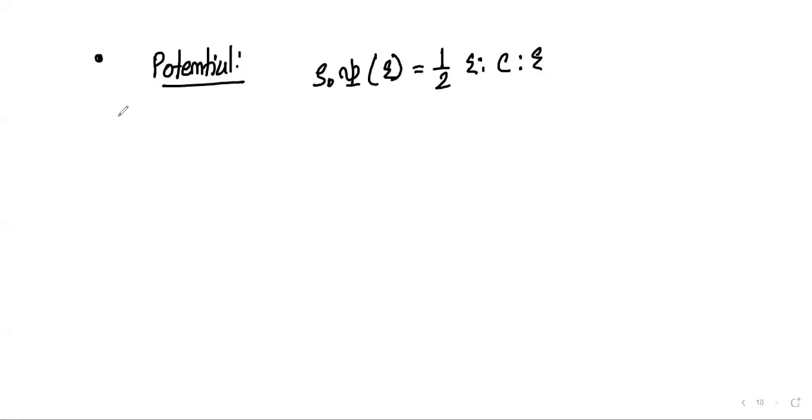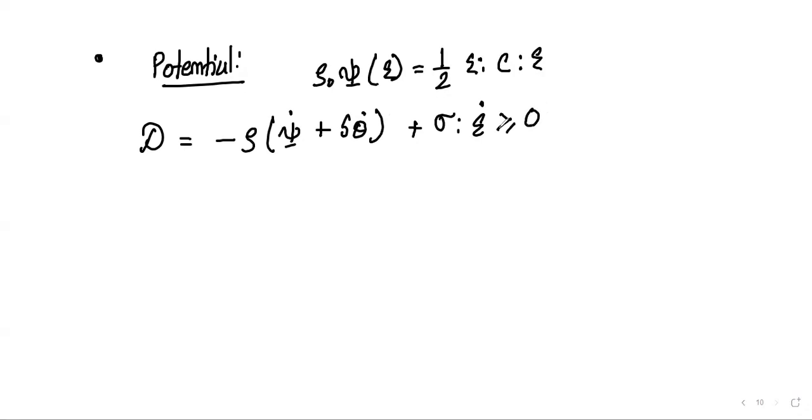From the second law, the Clausius-Duhem inequality, we have this inequality, which was discussed in the previous video. We have derived that: rho psi dot plus rho s theta dot minus sigma contracted with epsilon dot is less than or equal to zero. The deformation of an elastic body is basically an isothermal process, so we can drop this term because theta dot is zero.